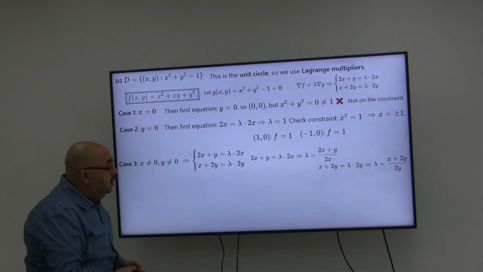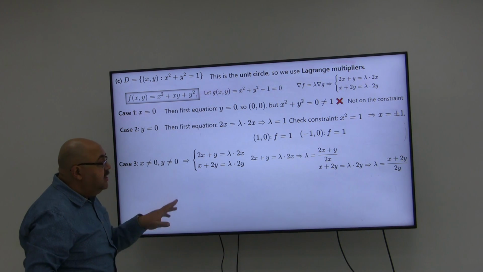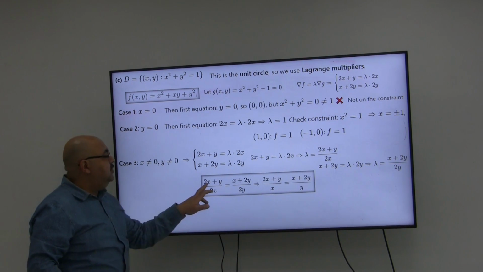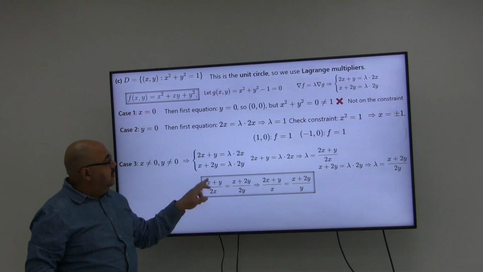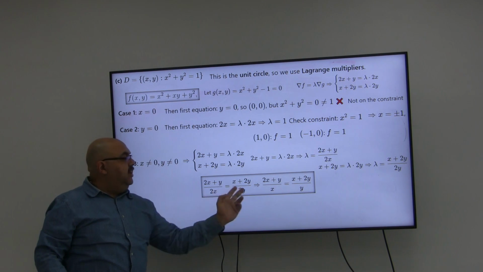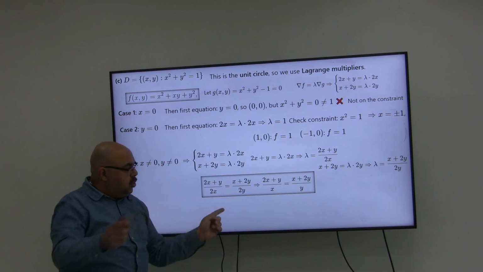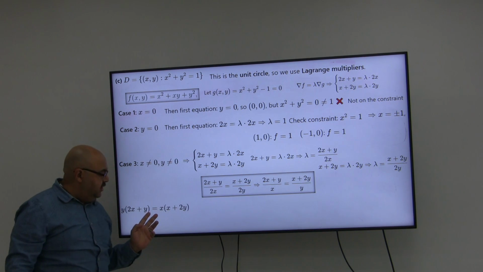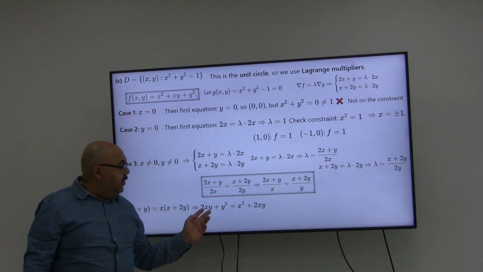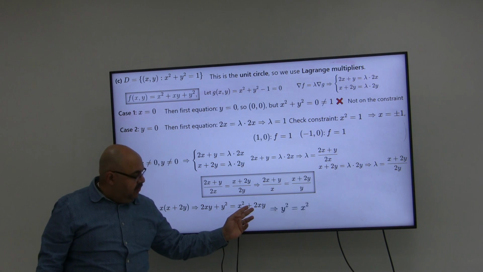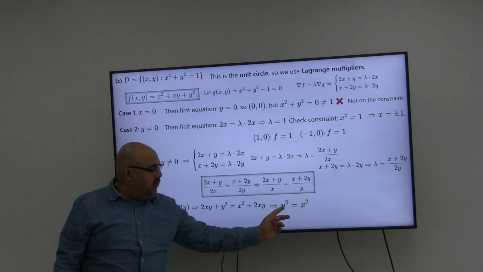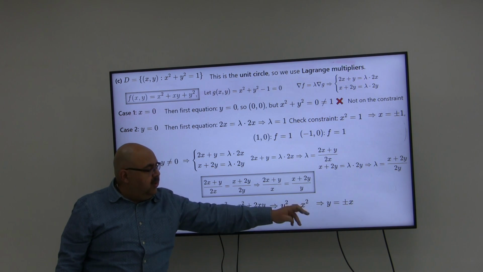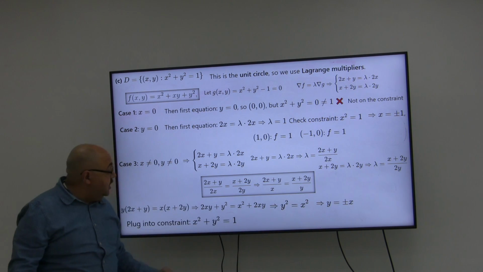Take the value of lambda, and then start substituting for these two values from these two equations, equate them together, make a cross multiplication. I'm trying the best that I can in order to find a solution. Then you will have x squared plus 2xy, which leads to y squared is equal to x squared, which means either y is equal to x or y is equal to negative of x.